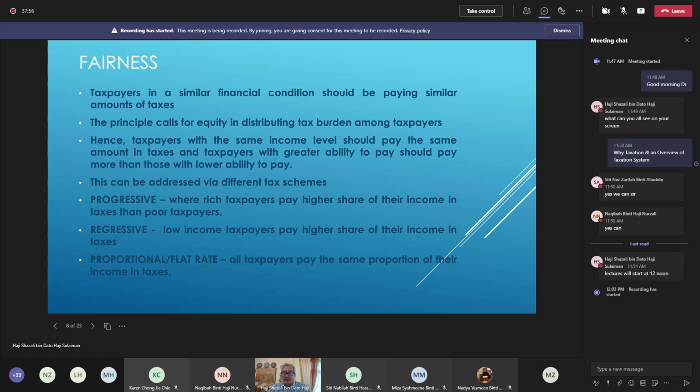So a lot of countries have this kind of tax system. Not many countries have a flat rate, simply because what they want to do is for the richer, for the people in high income, to be able to use the tax to support the lower income. So that's what the tax system is.